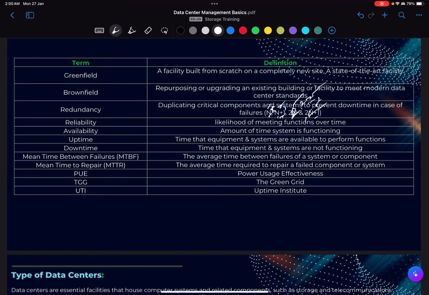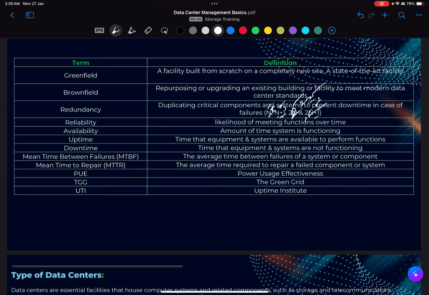Now reliability. Reliability is meeting functions over time. So you have a data center where you have reliability, like whenever it is required, or like for the next 5 or 10 years for which we have built it. Whatever function or requirement I need over a period of time, it will fulfill.